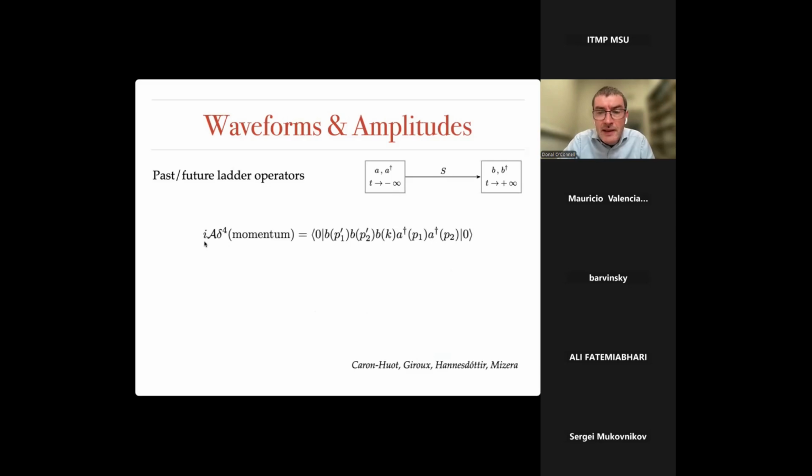Now, in these terms, an ordinary 5-point amplitude involves creating some particles in the past and annihilating particles in the future. So I've written a 5-point example here. You create two particles in the past, so they're created with the ladder operator of the in state and annihilated with the final state ladder operator. And we could also just introduce an S matrix here. And that would be, then I would have all B's, an S, and two A daggers.